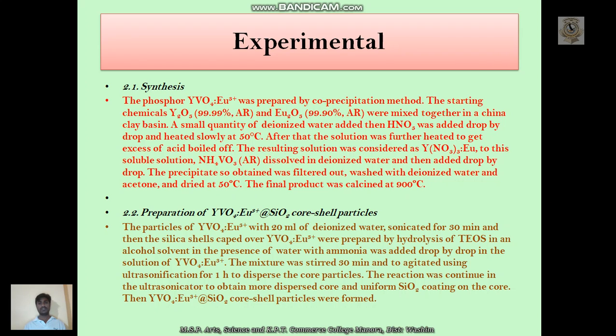The mixture was stirred for 30 minutes and ultrasonicated for 1 hour to disperse the core particles. The reaction continued under ultrasonication to obtain more dispersed cores and a uniform SiO2 coating on the core. Then YVO4:Eu3+ particles capped with SiO2 were formed.